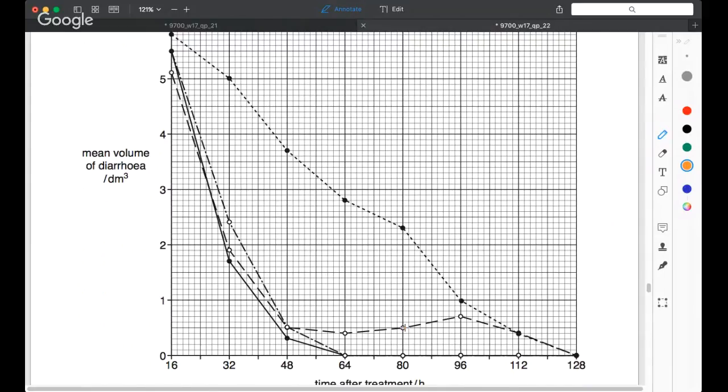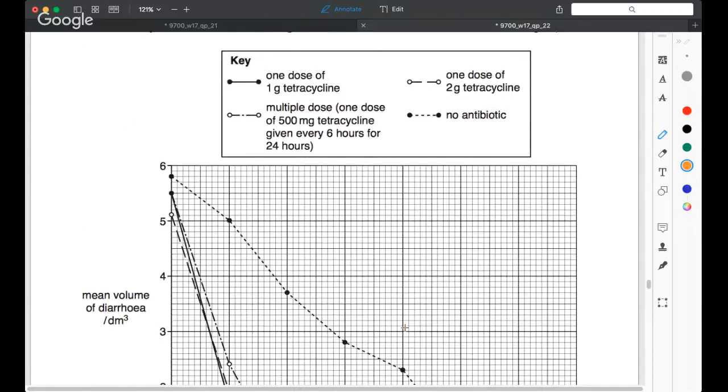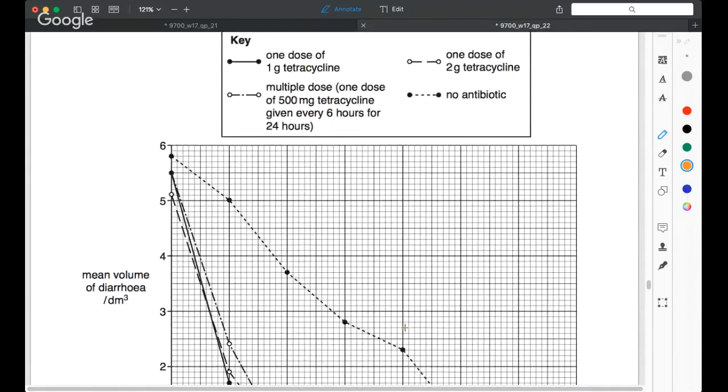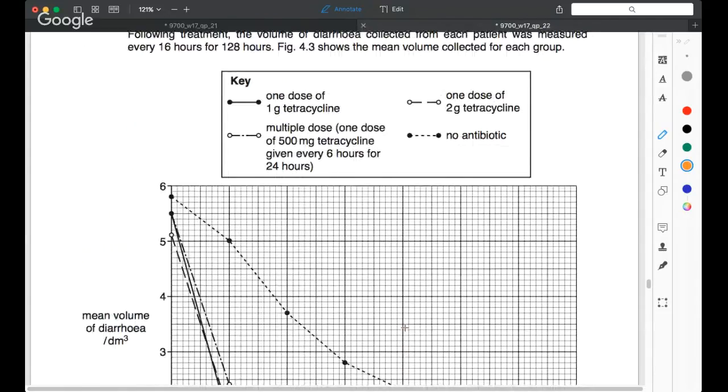So diarrhea is reduced. Well, it's not. Oh, it's still okay. Diarrhea is reduced to 0 at 64 hours for both the multiple dose and the 1 dose of 1 gram.